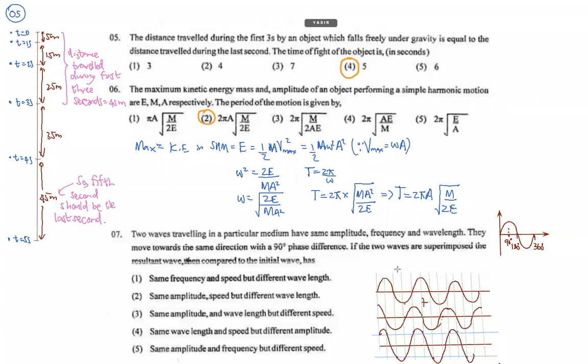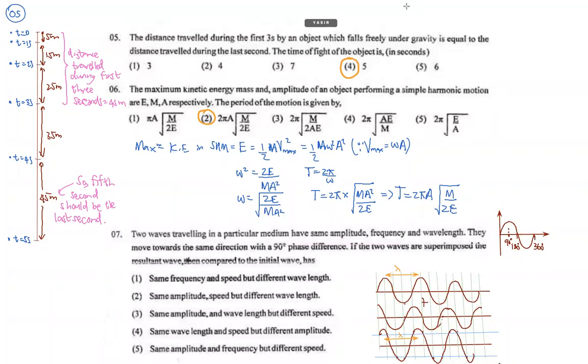Lambda means from peak to peak, it will be the same distance. So same wavelength, but different amplitude. Frequency also will be the same if wavelength doesn't change.